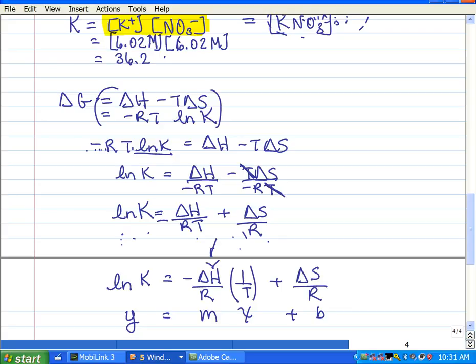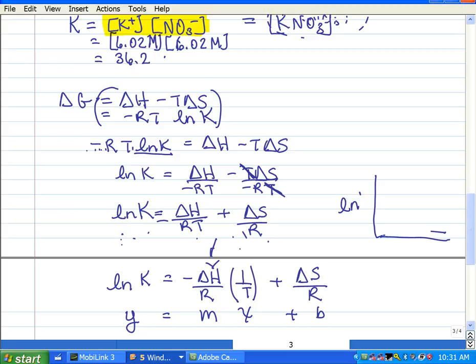And then whatever number we get, be it positive or negative, will be our slope, which is equal to negative delta H divided by R. So imagine how we're going to calculate delta H. We're going to multiply the slope of that line by R, and R is the constant, 8.314.